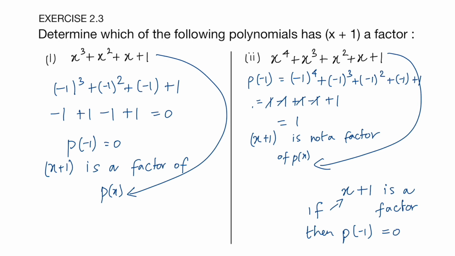That is it for subdivision 2. It basically just means that if you are given something in the form of x minus a, this is basically the factor theorem. We have solved multiple example questions with the same logic, so there is nothing new here. If something were to be of the form x minus a, then p of a should be 0. That is what the factor theorem says.